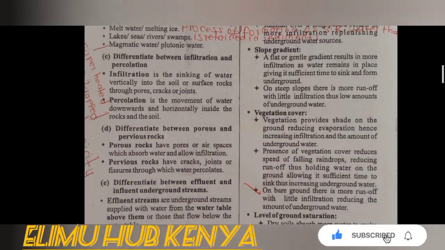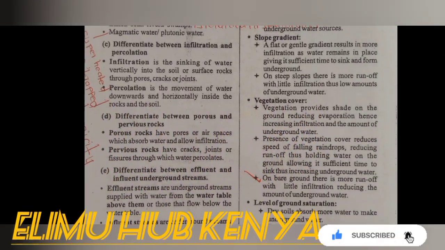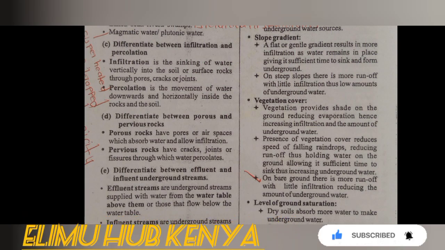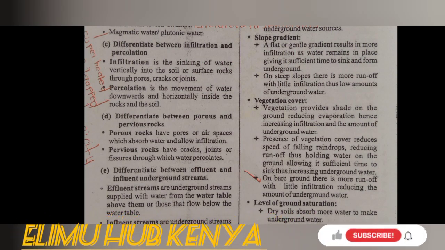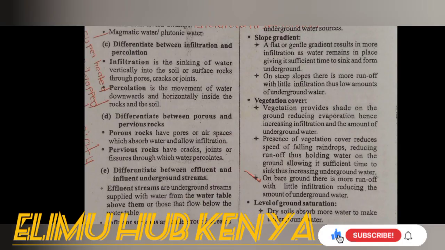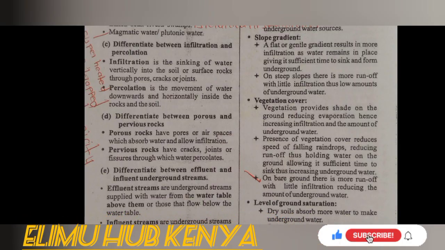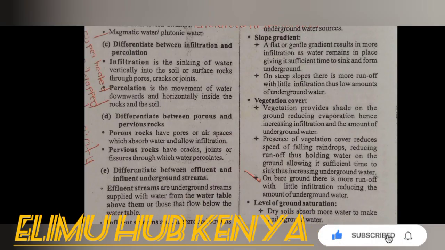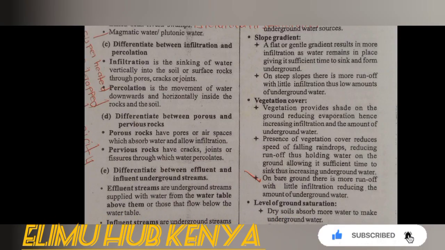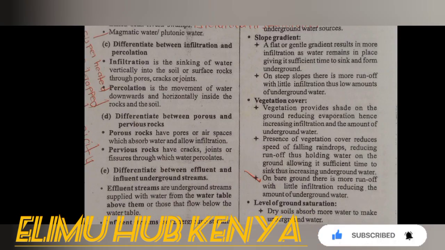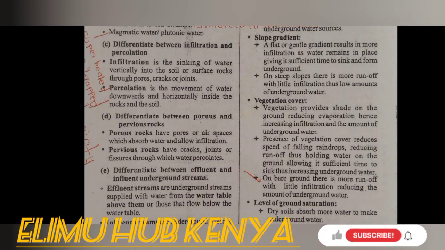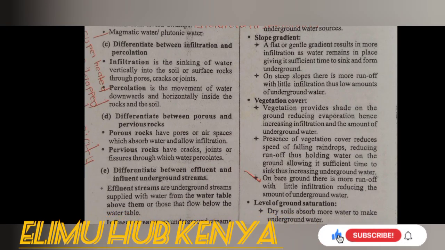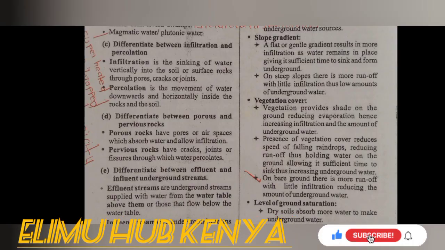The second factor that you want to look at is the slope or the gradient. Now, when you talk about the gradient, it is just the steepness and the gentleness of the surface of the earth. In this case, steep slopes normally tend to reduce infiltration, since much water is lost through surface runoff, while on gentle slopes, water remains longer on the ground, allowing infiltration to take place.